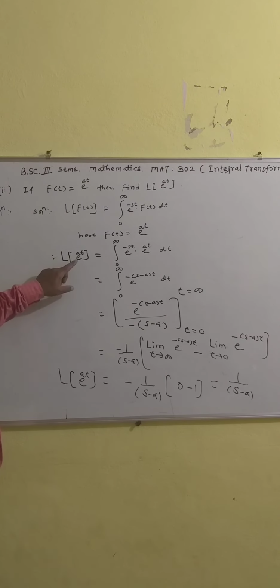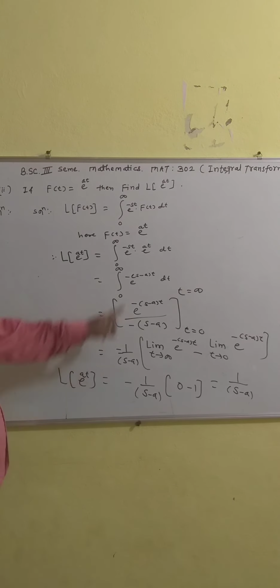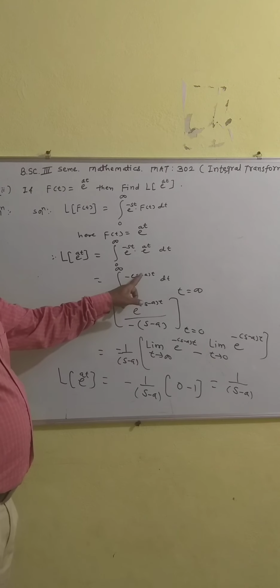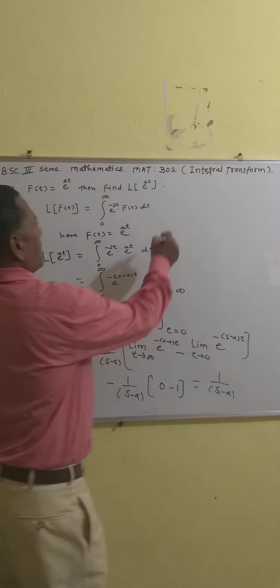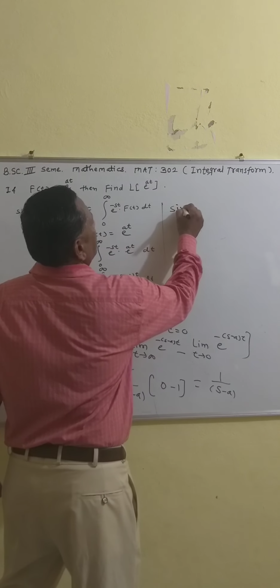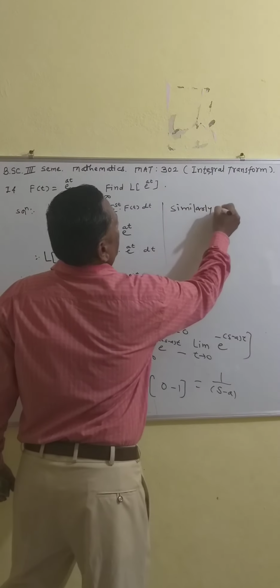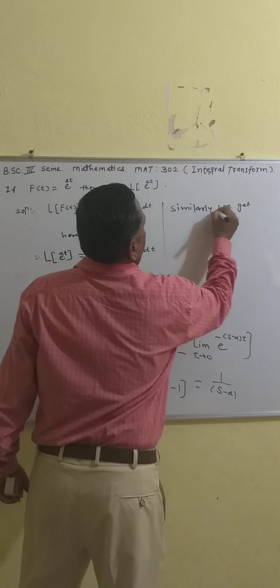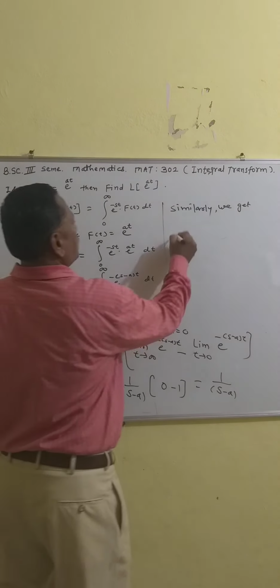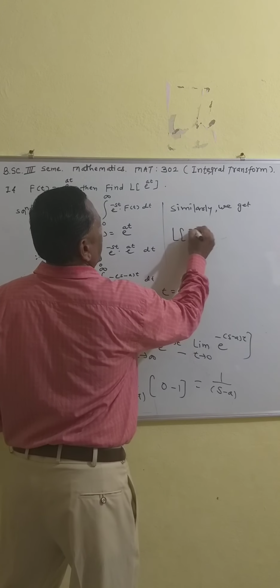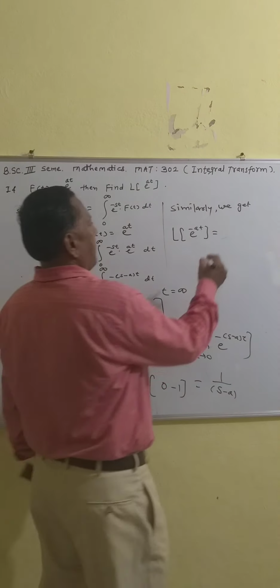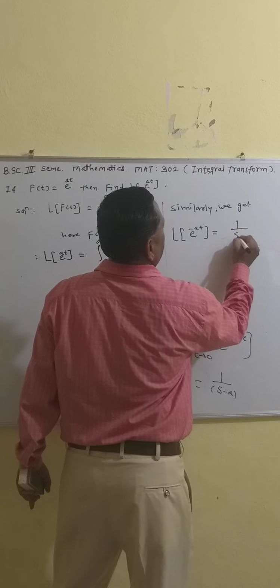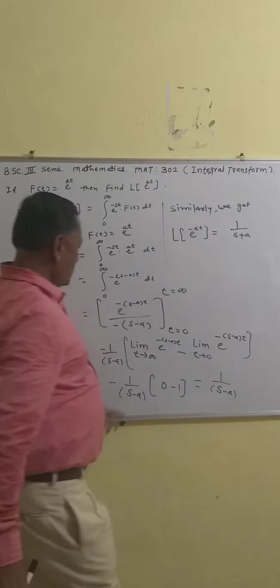Similarly, we can show the Laplace transform of e raised to minus at; here it is minus at, and in this way you proceed. Then similarly we get the Laplace transform of e raised to minus at is equal to 1 upon, instead of s minus a, s plus a, because here plus.